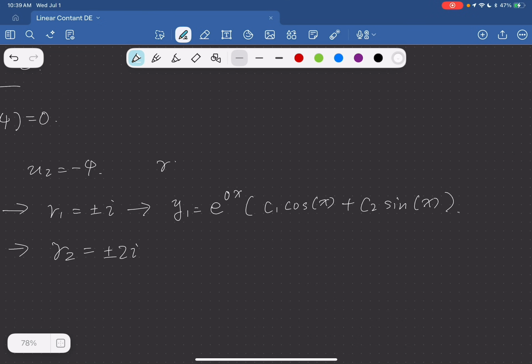Since r is equal to some complex number, we just put the a and b into their corresponding part. And here, a is equal to 0, and b is equal to 1. So for this, it's similar. We can write a solution for this like this.